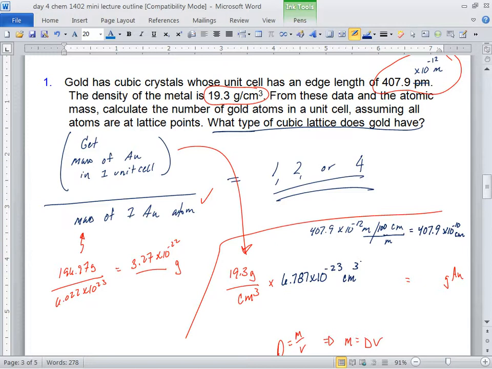So take this times 19.3, see what you get. Divide it by, and that's going to be the mass of gold in a unit cell. Divide it by the mass of one gold atom, and you better get 1, 2, or 4, or we screwed up somewhere.